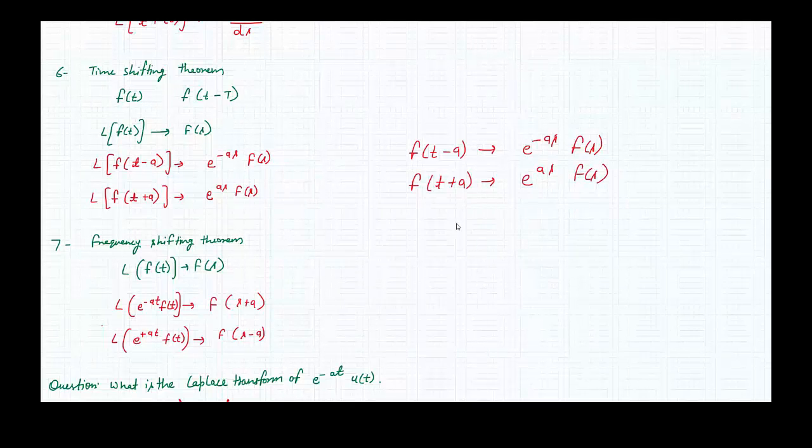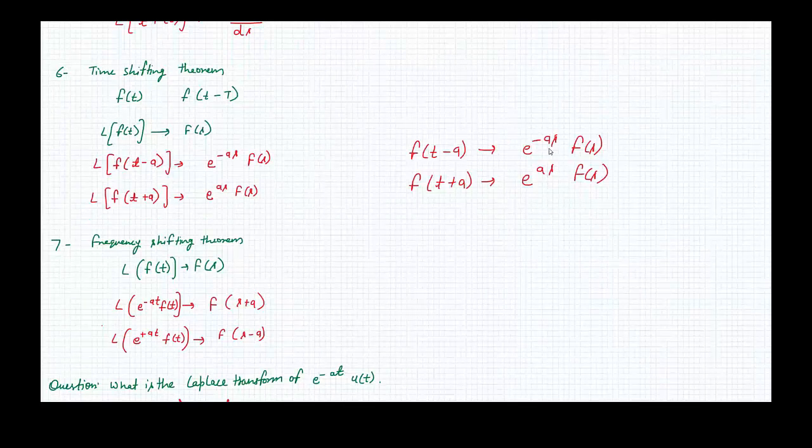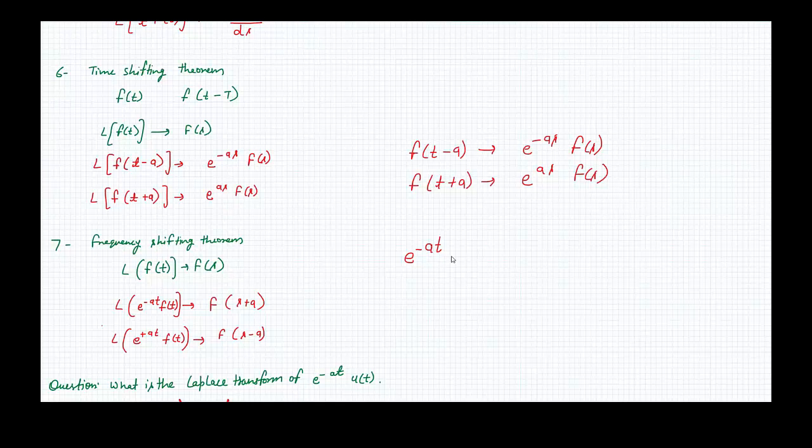And on the other side, when this e to the power minus at is coming in the time side, obviously s will not be there. If it is written as e to the power minus at f(t), then the sign will change. It will be F(s plus a).